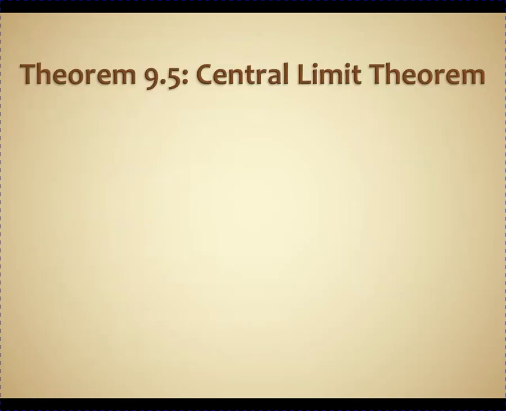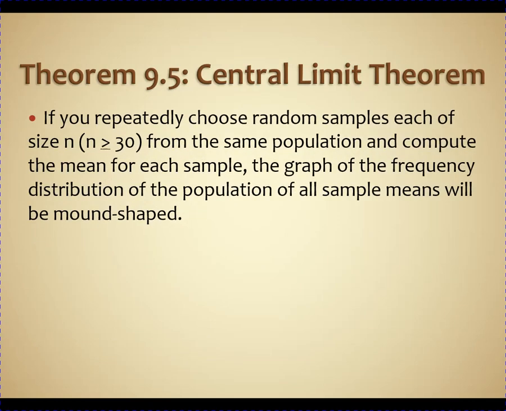And then the last thing, which we'll actually get into a little bit more, the central limit theorem. If you repeatedly choose random samples, each of size n, where n has to be greater than or equal to 30, so you have a population and you keep choosing just 30 random, maybe people or something, and compute the mean for each sample, so the mean of something, maybe age, we don't know, maybe height.